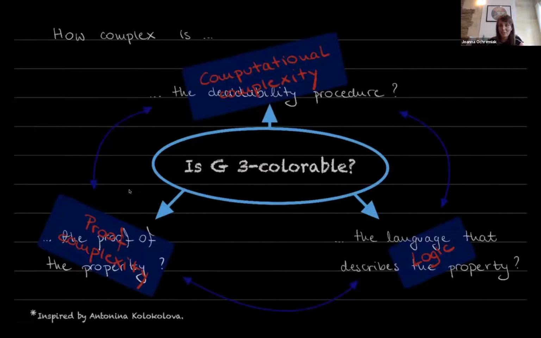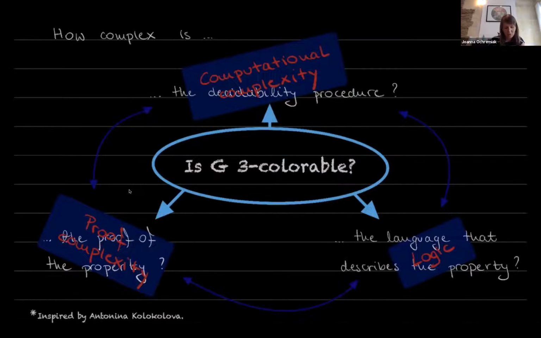I also put some arrows on this slide. Of course, there are connections between those 3 different sub-areas of theoretical computer science. So, besides telling you a little bit about proof complexity, I also want to mention some connections between proof complexity and logic on one hand, and proof complexity and computational complexity on the other hand.